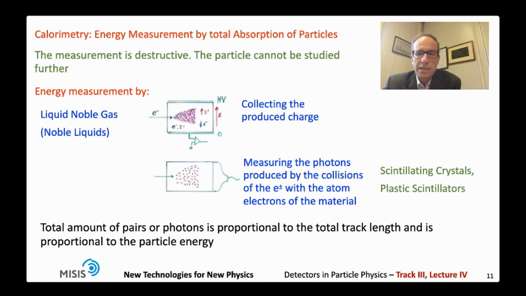The other way is that you can be sensitive to the excitation mechanism, and so you can measure the photons which are produced by the collision of the electrons with the atoms of your material. And then you may have scintillating crystals, plastic scintillators, which can detect these photons.